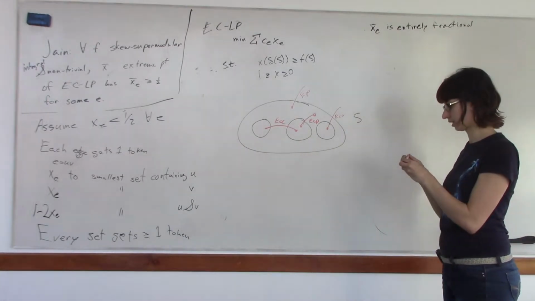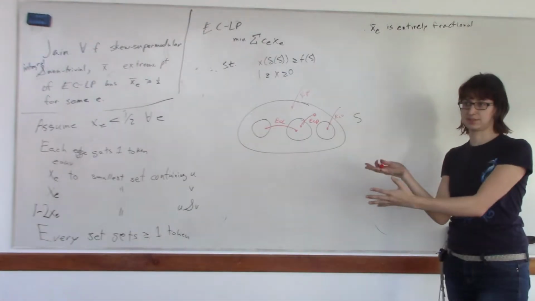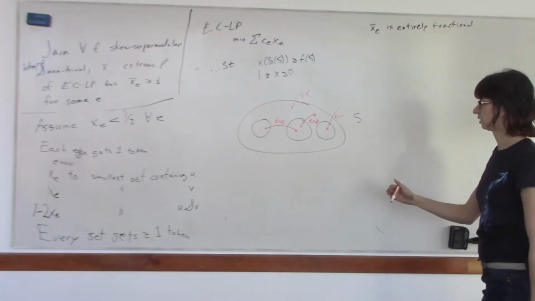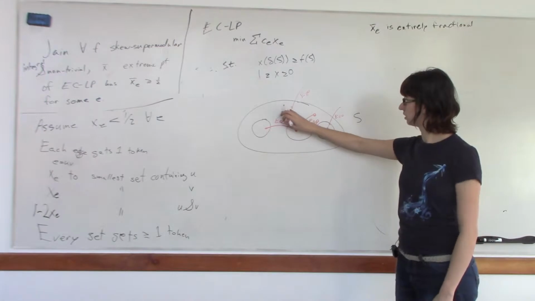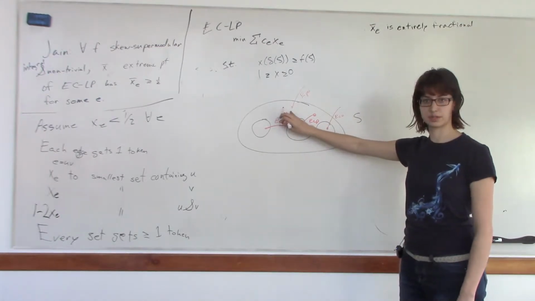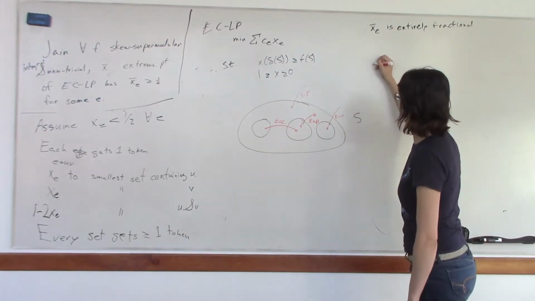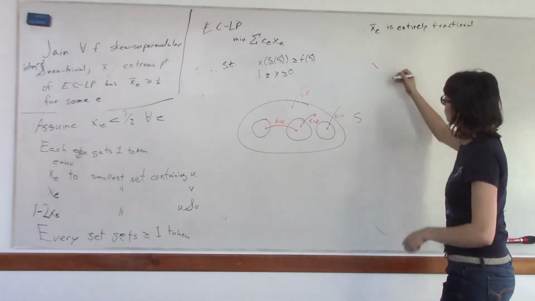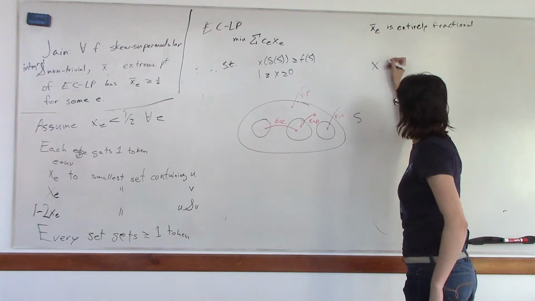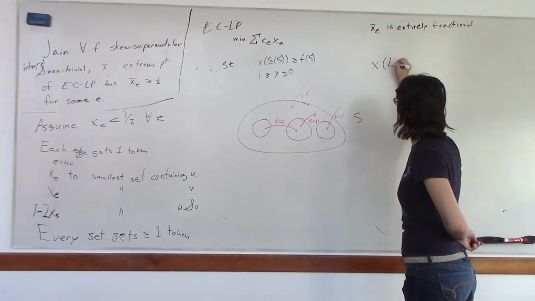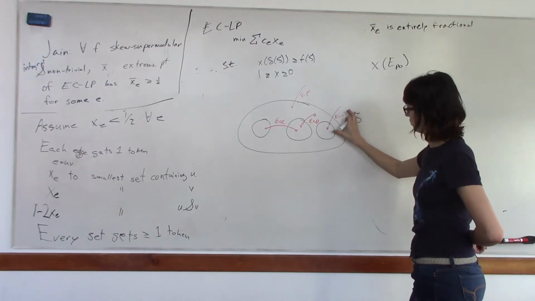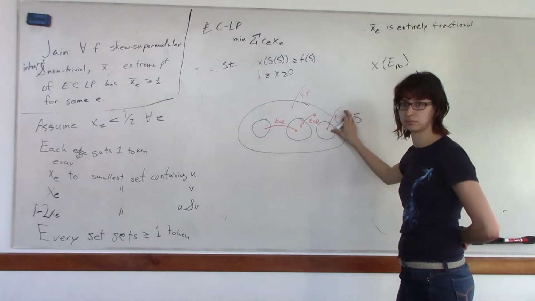So, how much stuff does S get? Well, S gets x_e from these guys. So that's easy. We get x of this set. We get nothing from these guys.